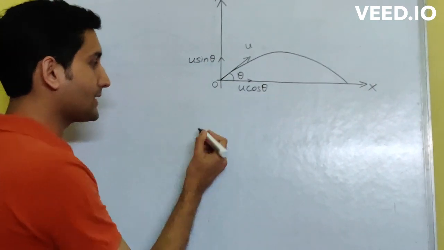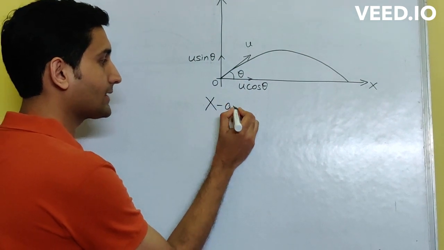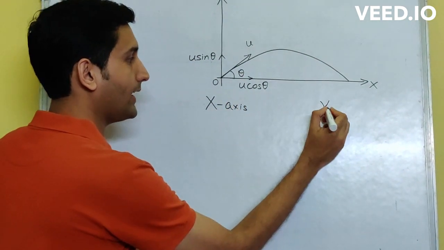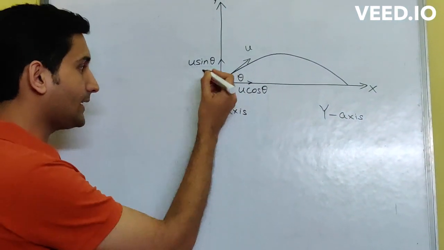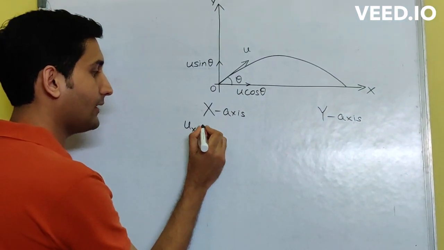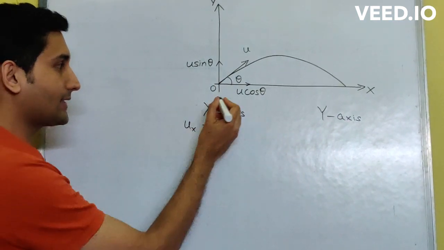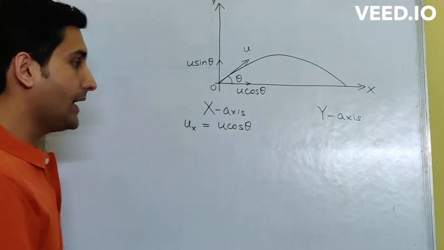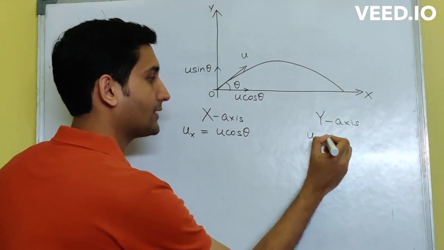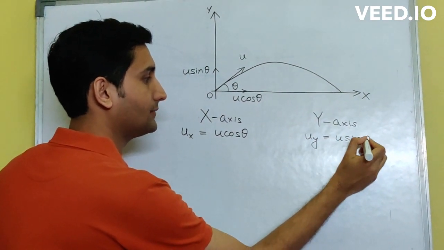So I do the analysis separately for x-axis and y-axis. So let us see the initial velocities. Initial velocity along x-axis is u cos theta, and initial velocity along y-axis is u sin theta.